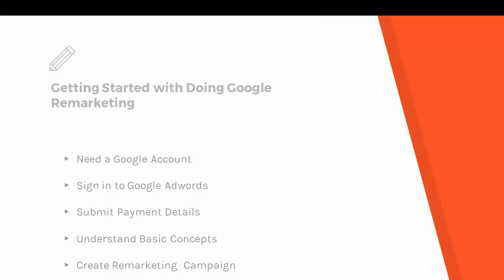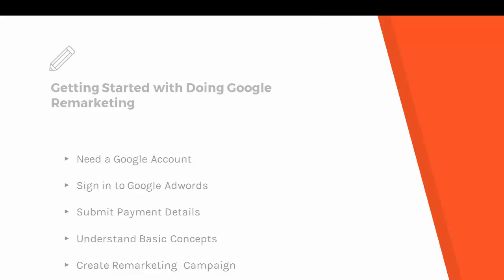You need a Google account, the one which you use for accessing Gmail. With the help of that, you can sign in to Google Adwords. What is Google Adwords? We'll see that in a moment. Once you sign in to Google Adwords, you complete the process of getting started by submitting your payment details, as these are paid ads.